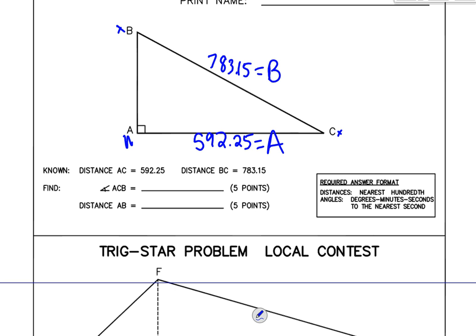The way that I'm going to do that on my calculator is to type in 592.25 and push the store button. I'm going to grab a calculator so I can follow along. I would press the store button, which is kind of under LN.